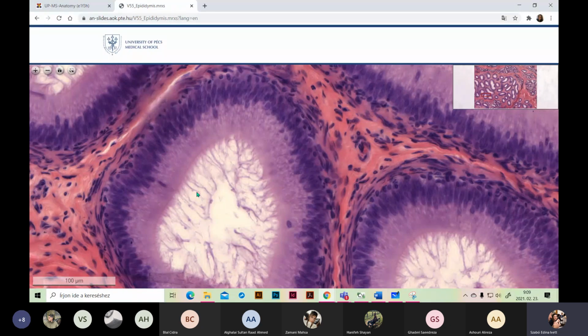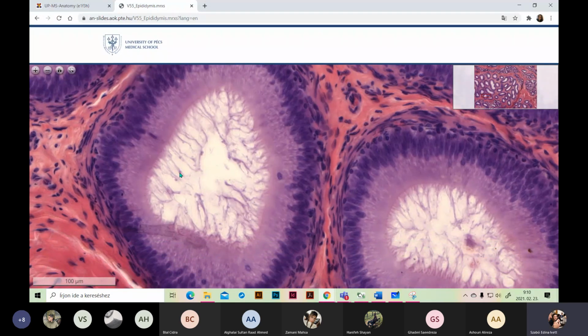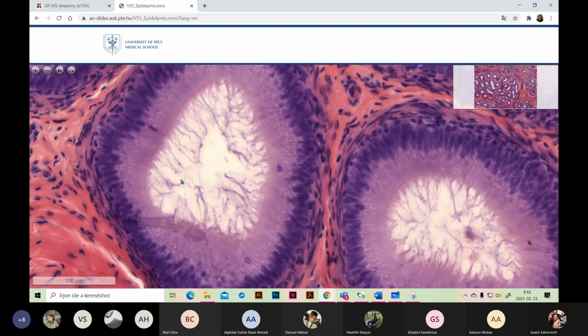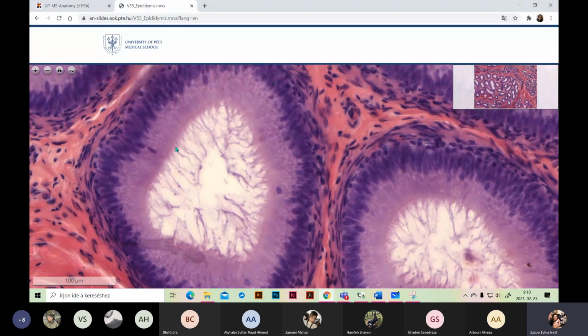And what is the surface modification here? Stereocilia. How do you know it's a stereocilia? Not a microvilli, not a kinocilia. How can we recognize the stereocilia on the surface?